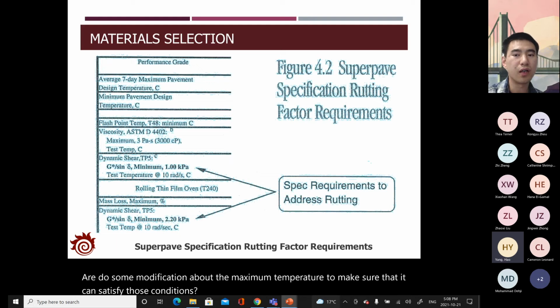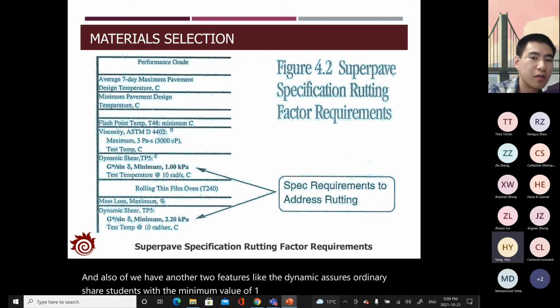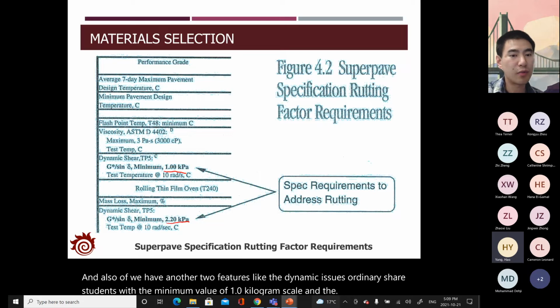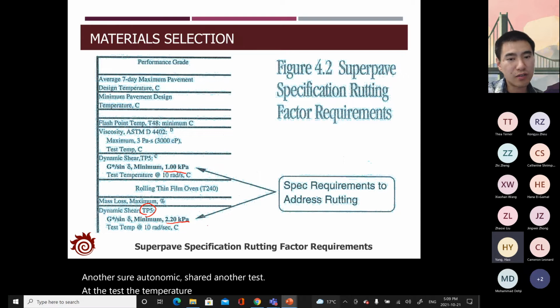We also have two other features: the dynamic shear strength with the minimum value of 1.0 kilopascal, and another dynamic shear test at the test temperature of 10 radians per second and so on.